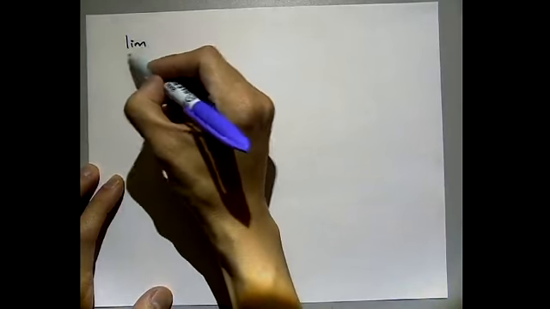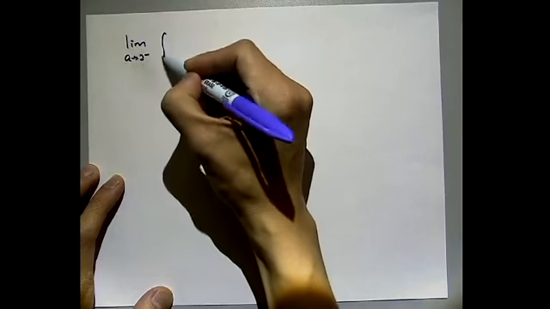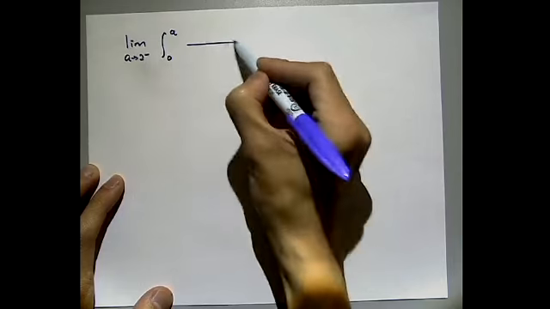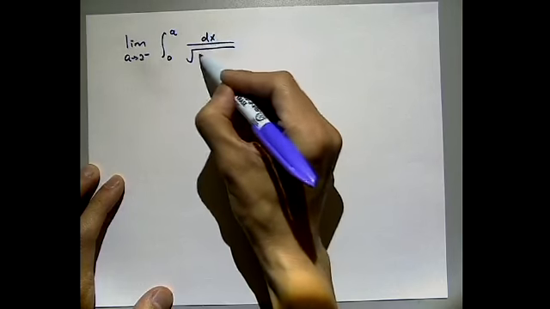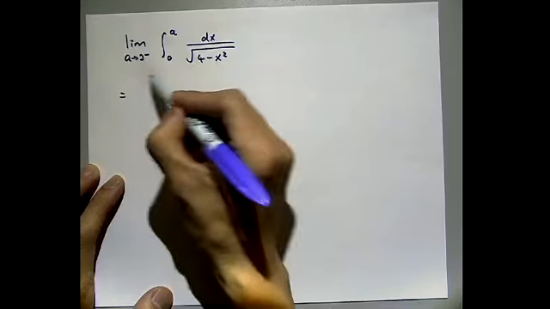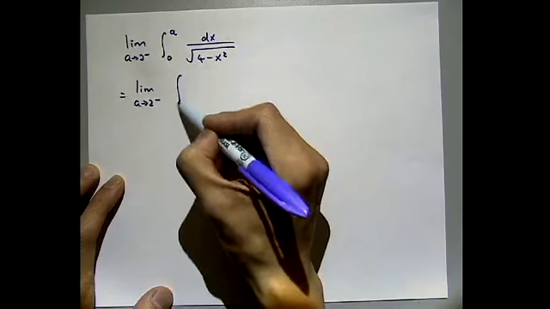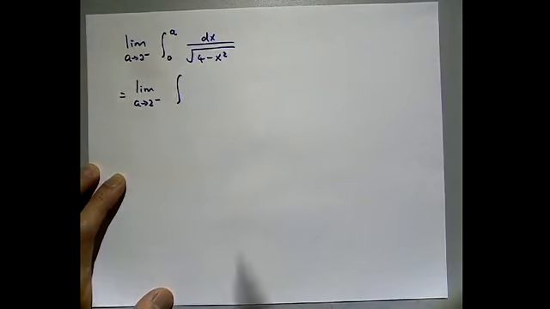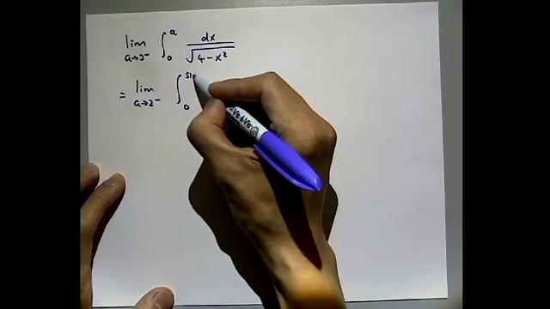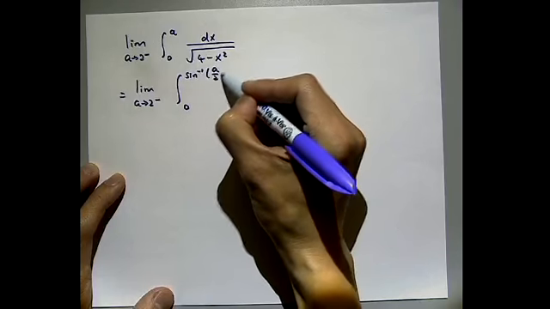Okay, now we finish the integration. All right, 0 to a becomes 0 to inverse sine of a over 2.